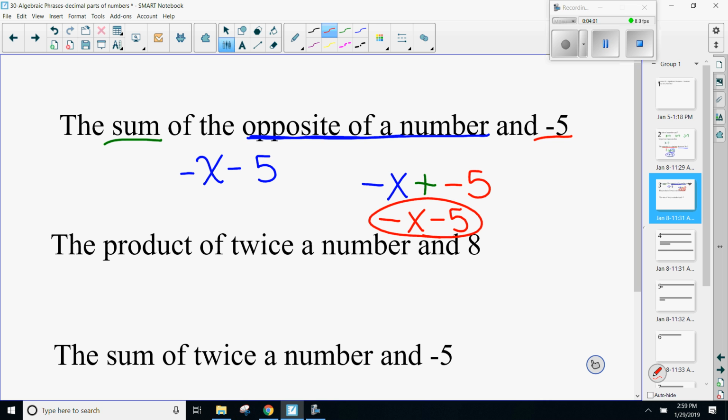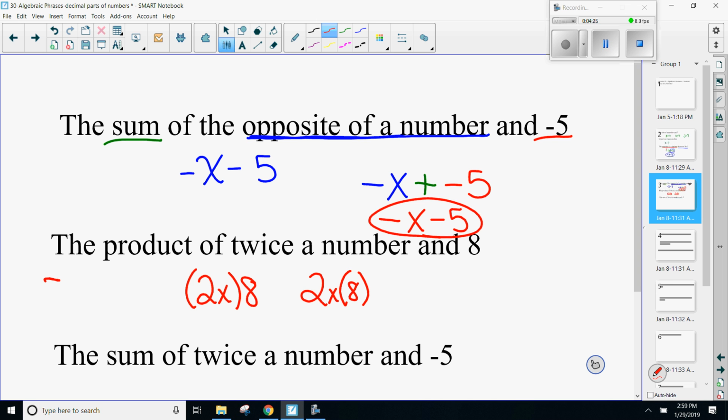The next one, the product of twice a number and 8. The quantity of X times 2 times 8 will work. You could say it is 2x times 8.